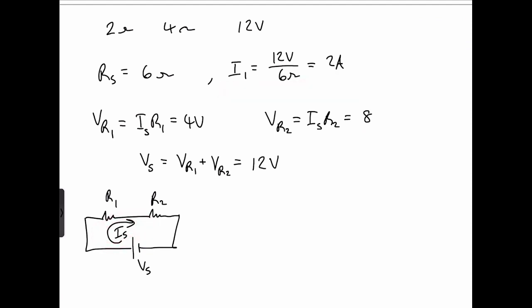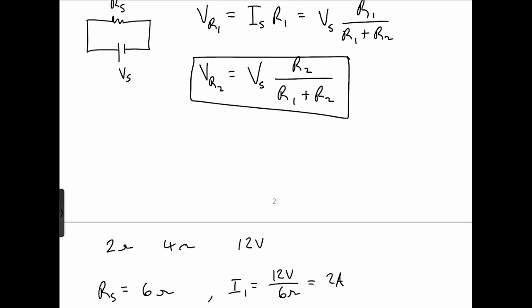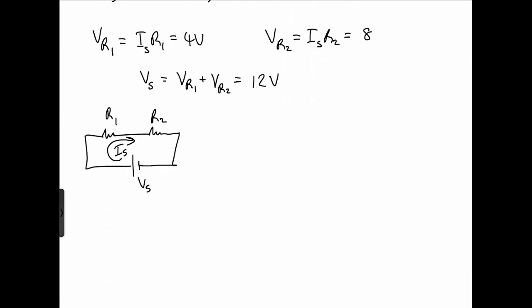So what if we didn't want to find the current, and we know the resistor values and the voltage source? We could just go ahead and apply our formula. So basically, remember that the voltage across R1 is going to equal the voltage source times R1 divided by R1 plus R2.